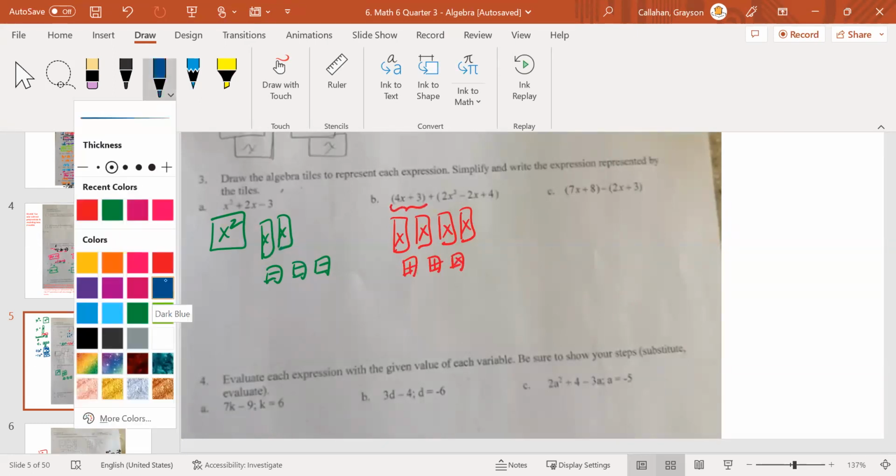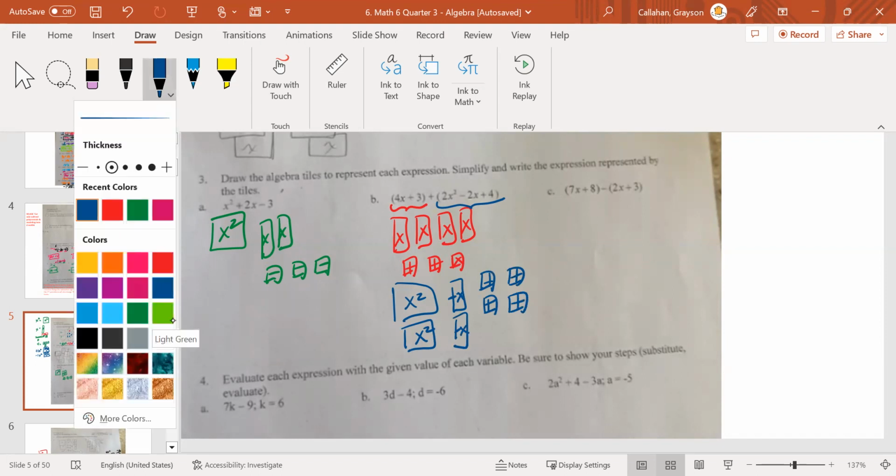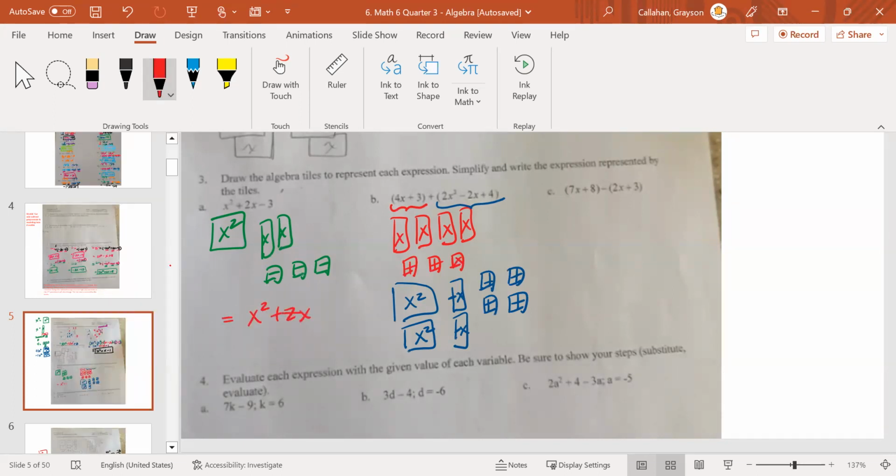The second piece right here, x squared is 2x squared minus x, positive, positive, positive, positive. And this is also to simplify. So this first one is just x squared plus 2x minus 3. Second one, once you add everything together, it's 2x squared plus 2x plus 7.